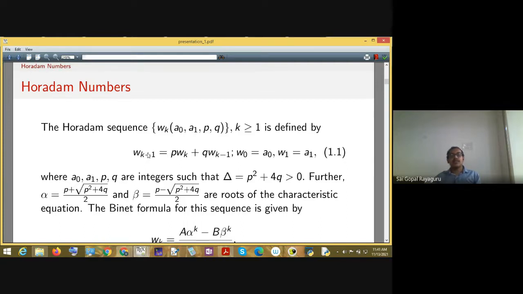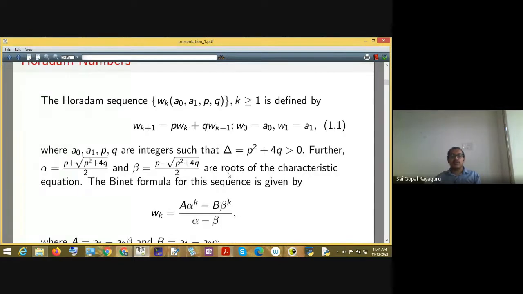The condition for this Horadam sequence is that the discriminant p squared plus 4q must be positive. That is the minimum requirement for this Horadam sequence.